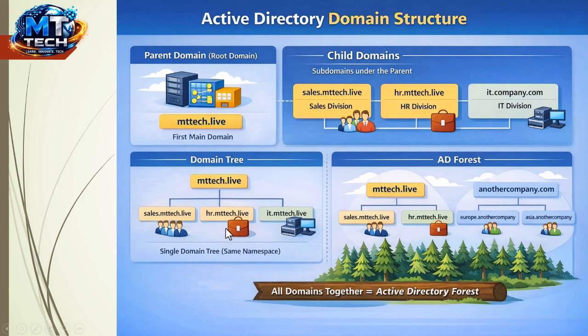Like here we have mttech.live as our first main domain in this example, and we have some child domains as well. A child domain is a subdomain of the main domain, like sales.mttech.live and hr.mttech.live. Let's jump to the next slide.